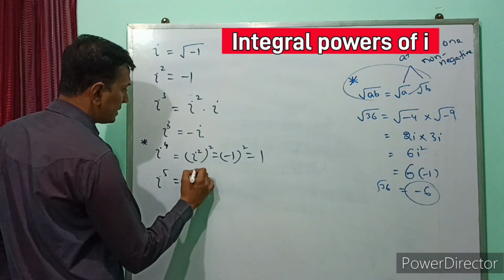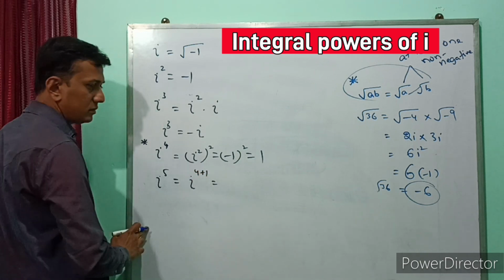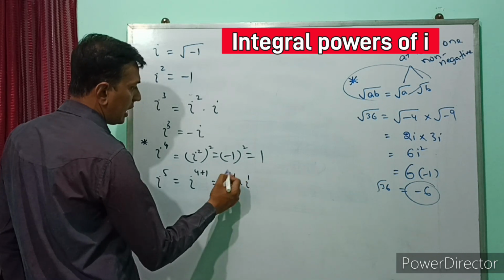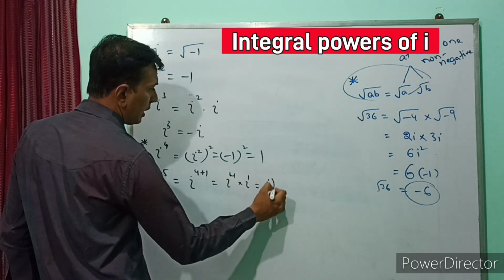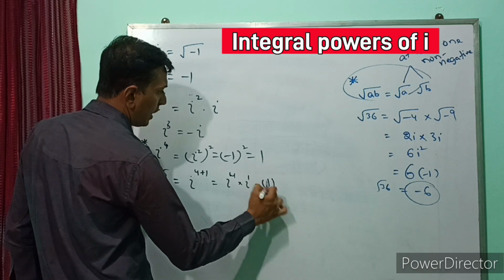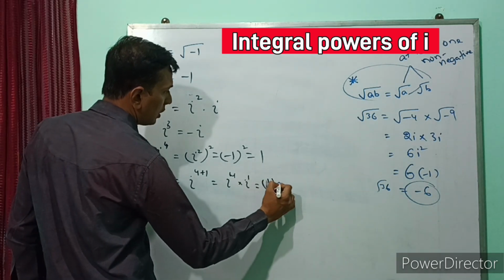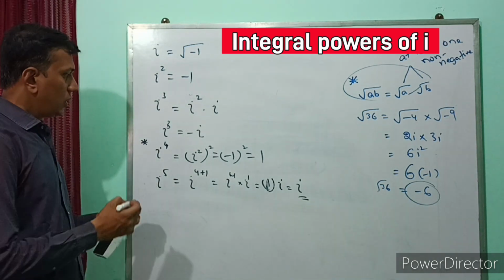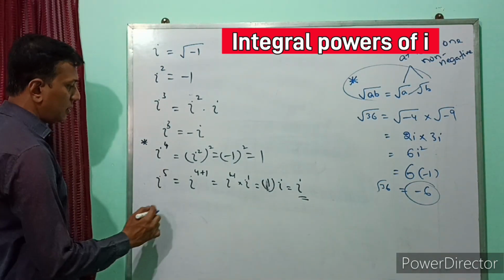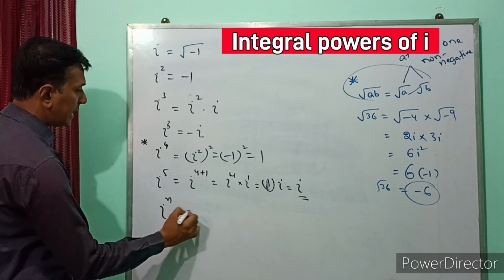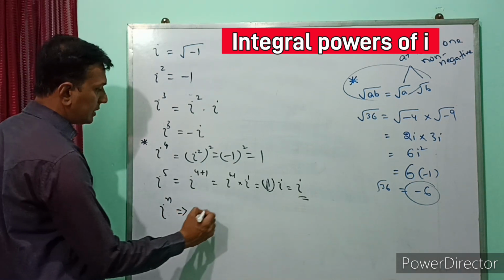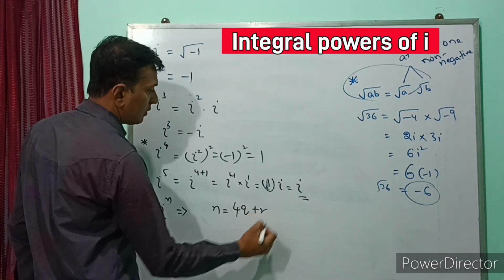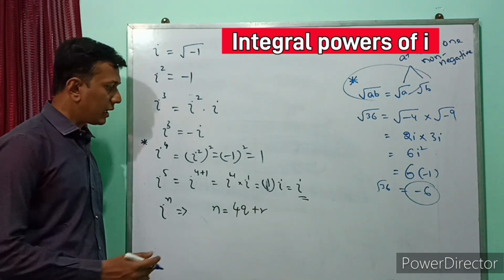It can be written as i power 4 plus 1, where i power 4 into i power 1, with i power 4 value 1 into i. So that is nothing but i. Not only this, whenever you are getting i power n, what you have to do is split that n in the form of 4q plus r using the division algorithm.